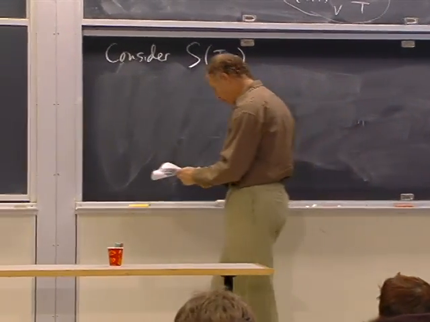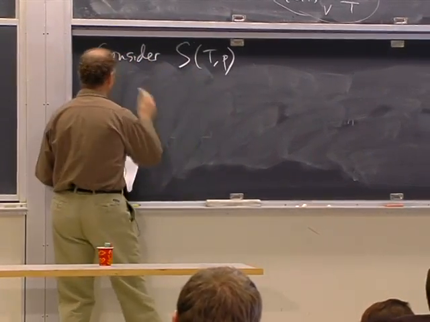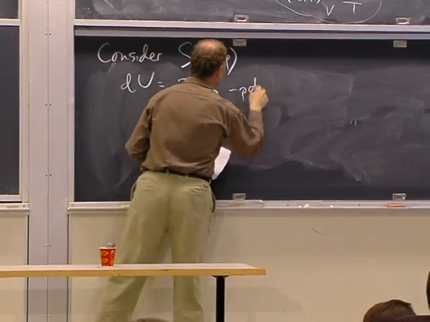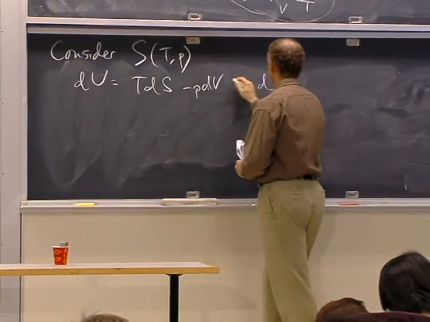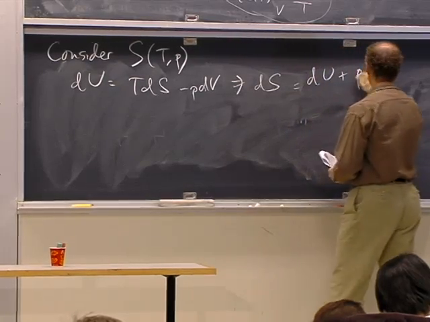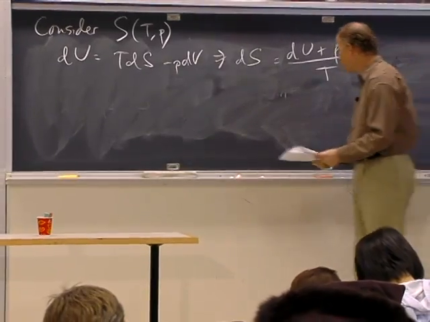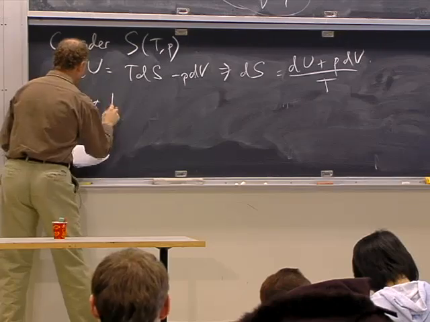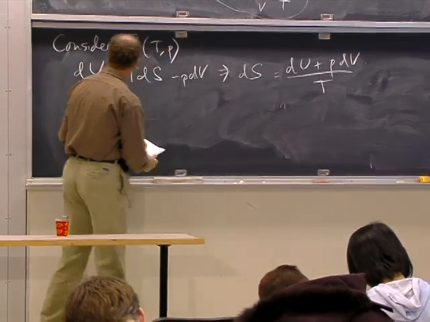All right, so let's start by looking at the pressure dependence. We're going to start with dU is T dS minus P dV. So dS is dU plus P dV over T. Now let's let T be constant. And let's specify a little bit.